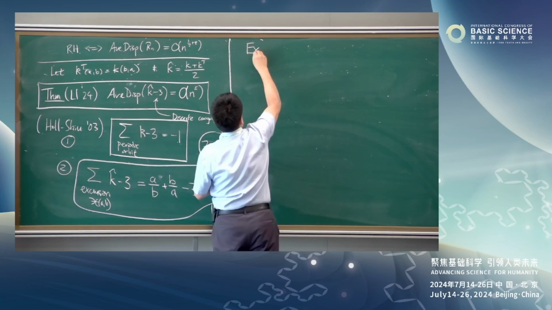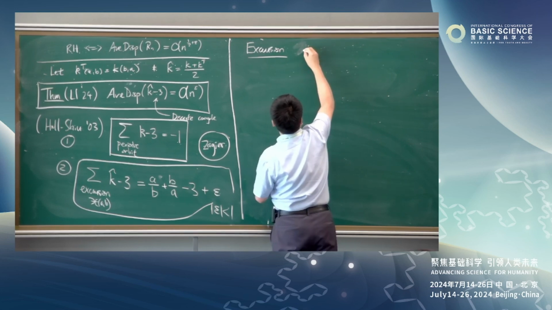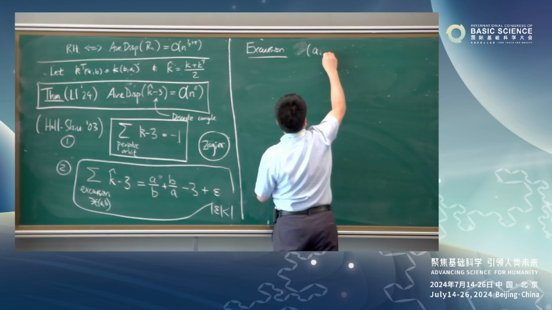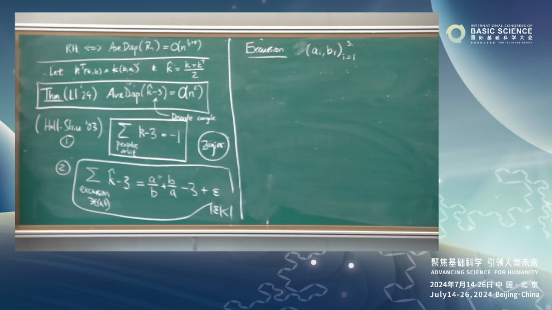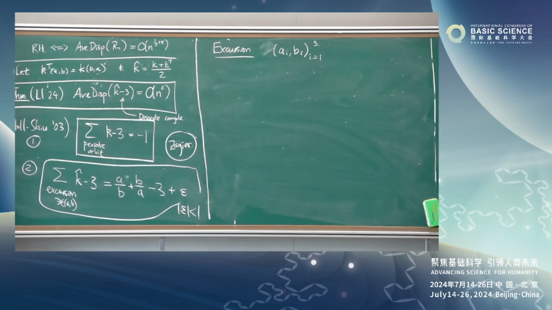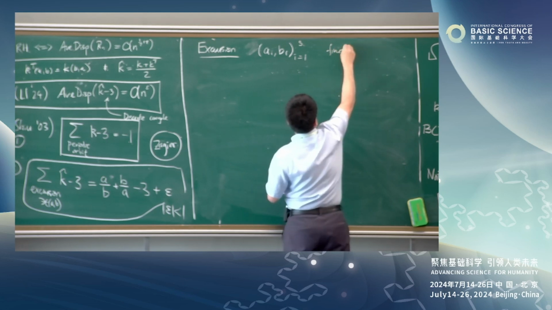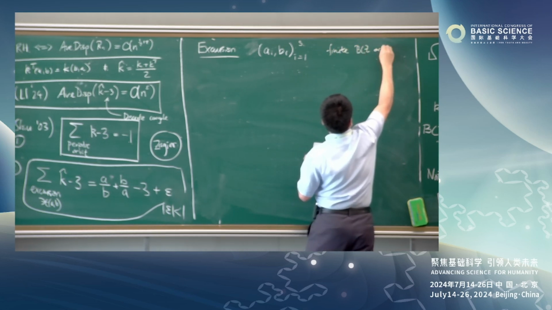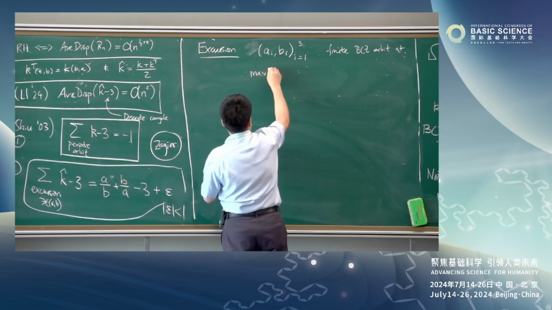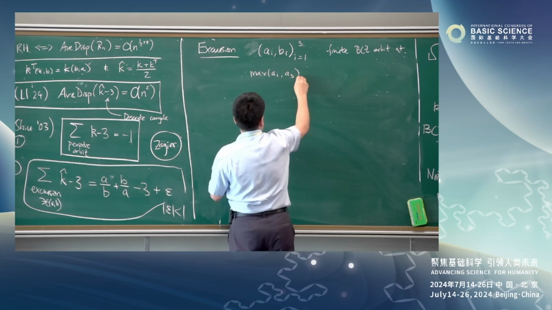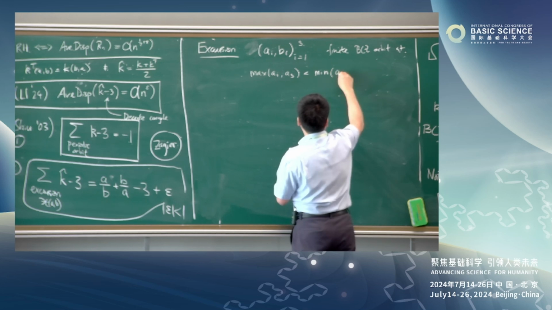Okay, so let me tell you what is an excursion. So an excursion is a finite BCZ orbit. So you take an orbit in here, a finite orbit, with the property that the first and last point is to the left of all the other points.